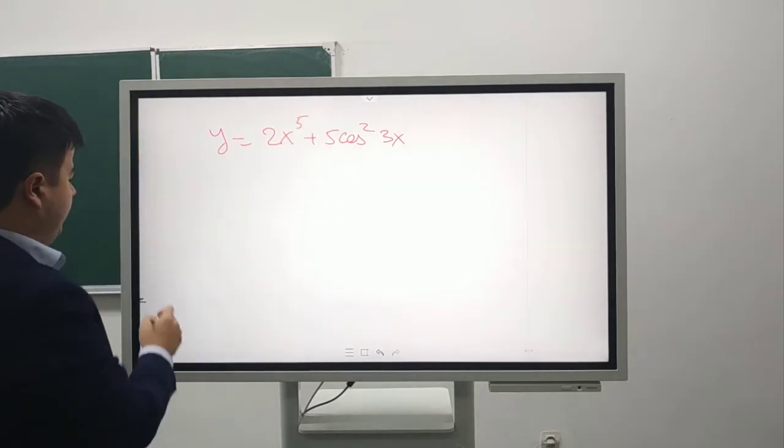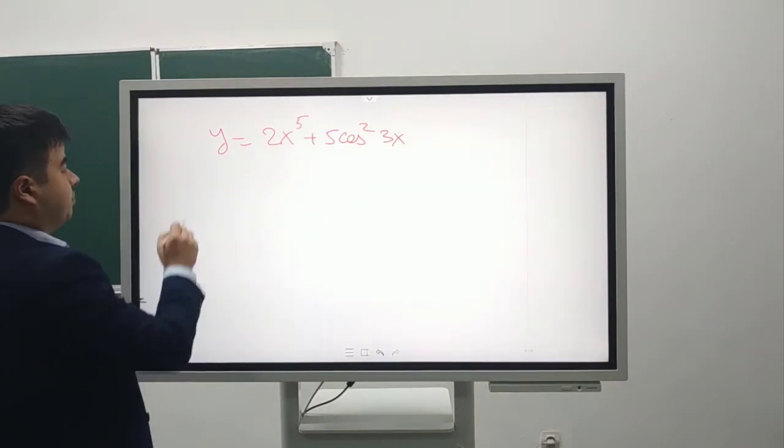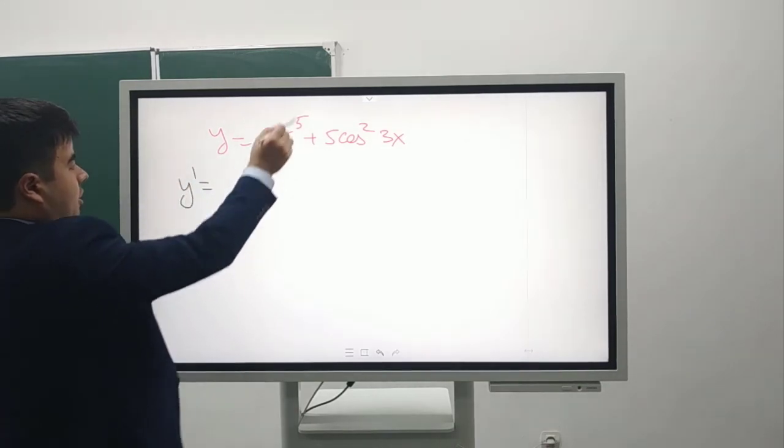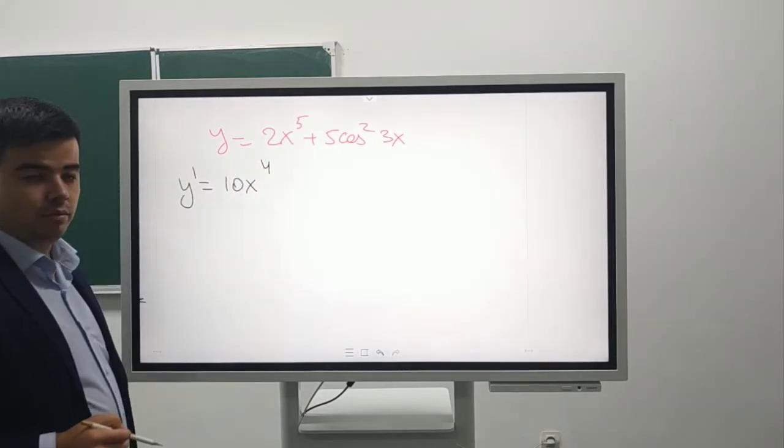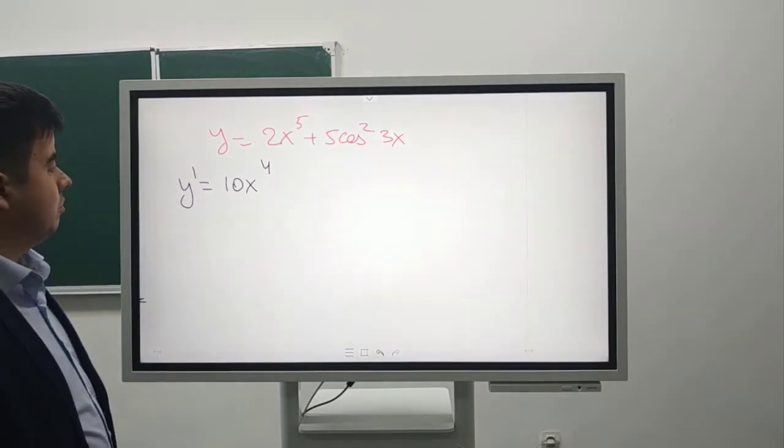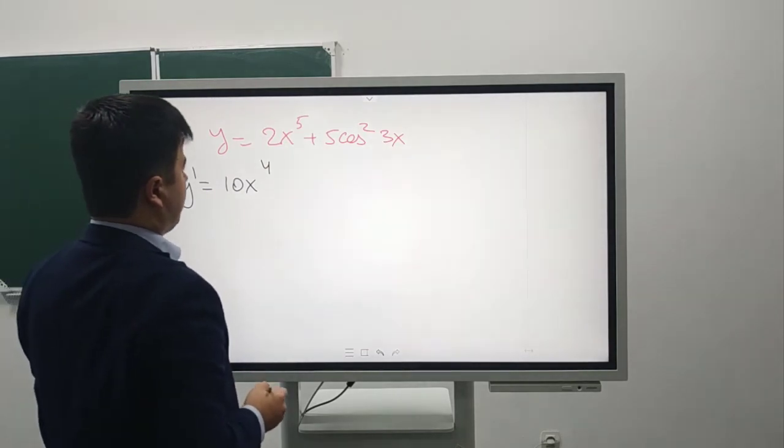Okay, find the derivative of this function. The derivative of 2x to the fifth is 10x to the fourth, using the derivative of the power function.